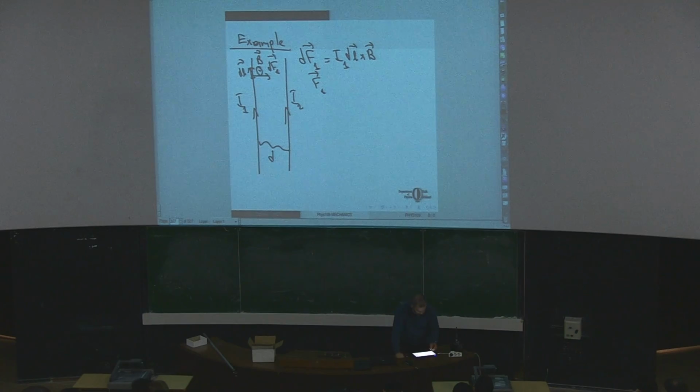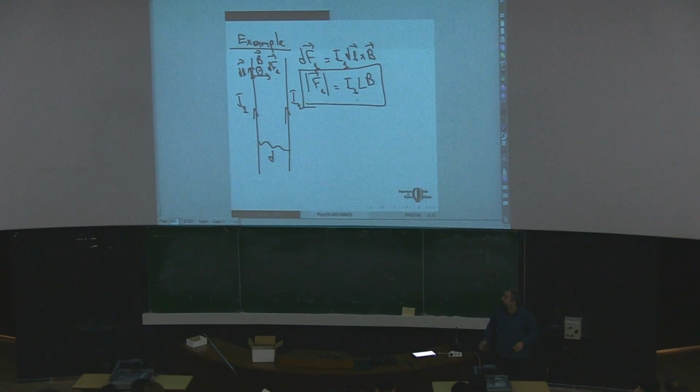For the magnitude, all the forces are pointing in the same direction, so we can just add the magnitudes, and the magnitude of F1 will be I1 L times B. This is for a length L. So the force per unit length is I1 times B.